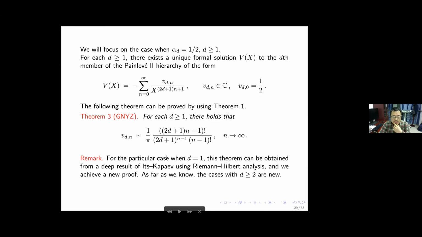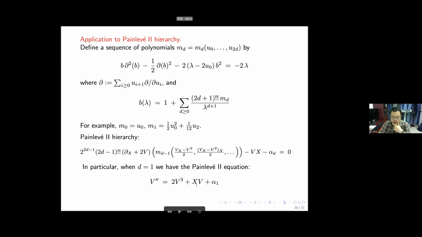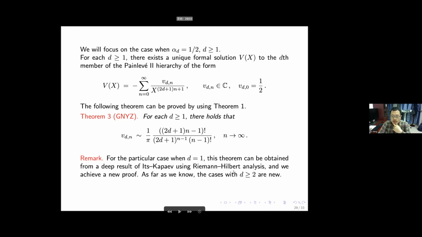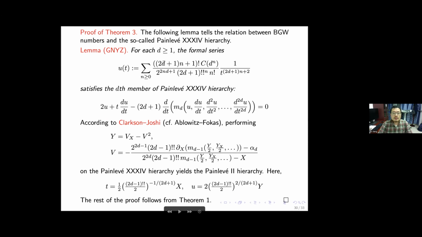So for the case when d equals 1, so when it is the Painlevé-2 equation, this theorem can be obtained from a deep result by Its and Kapaev using the Riemann-Hilbert analysis by computing the Stokes constants. And so now we achieve a new proof. And as far as we know, the cases with d bigger than or equal to 2 are new and are also difficult. So the proof is just to use our theorem 1.